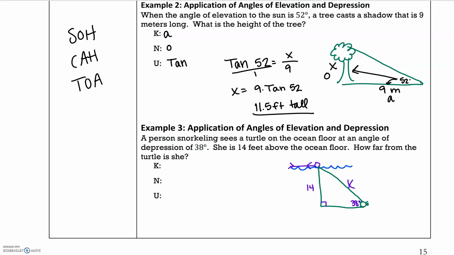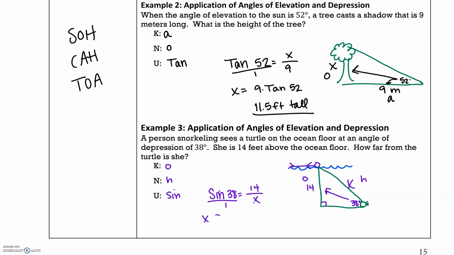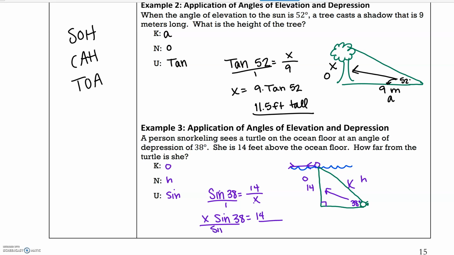So, from our angle, O and H, we know the O, we need the H, so we are going to be using sine. So sine 38 is equal to O over H, or 14 over X, and then we're going to cross multiply. So X times sine 38 is equal to 14, and divide by sine 38.